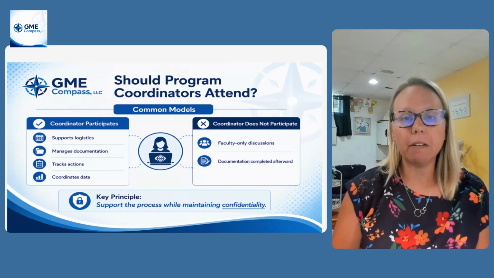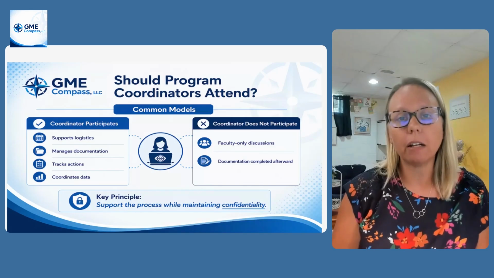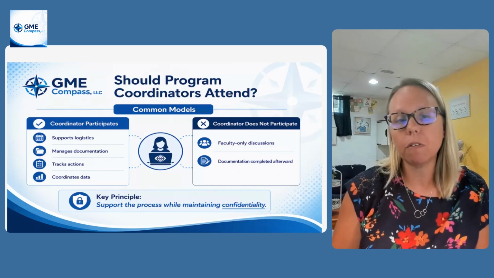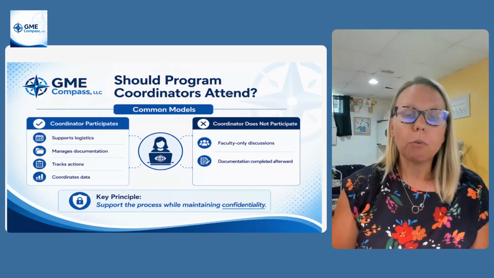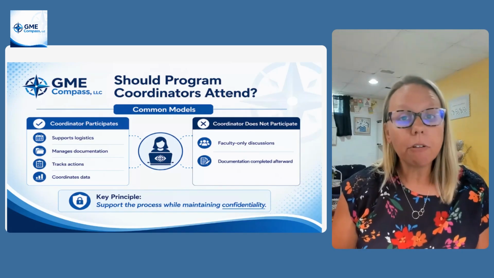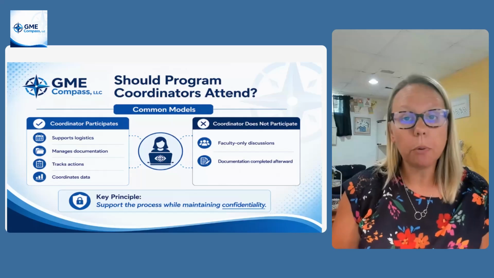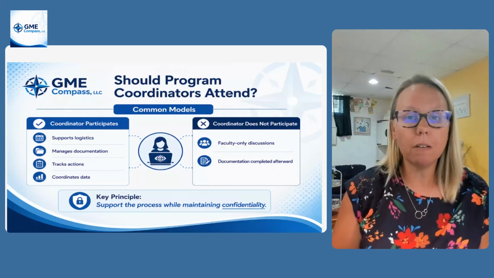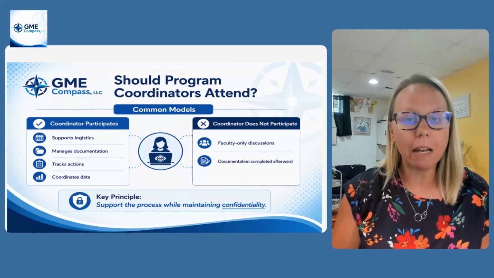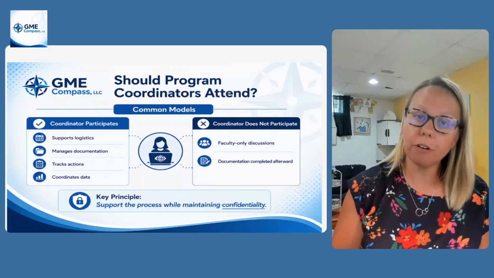Other programs maintain faculty-only discussions and complete documentation afterwards. Going by ACGME rules and recommendations, neither approach is inherently right or wrong. The key principle is to support the process while maintaining confidentiality and professionalism.